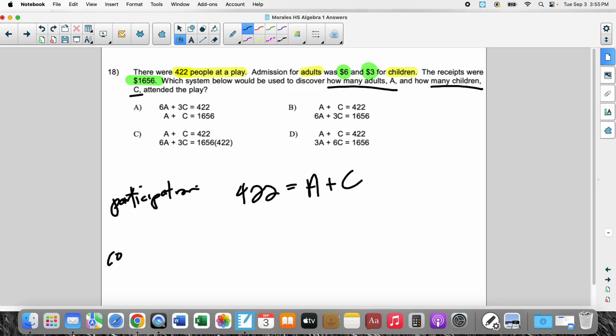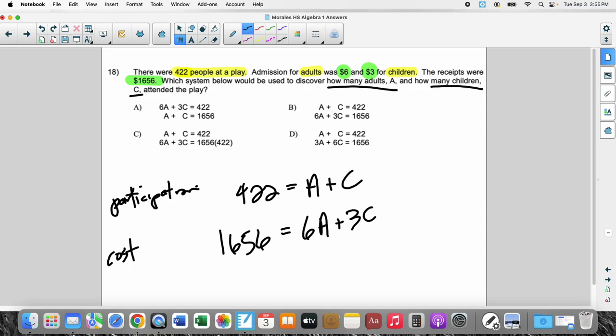And then cost is the other equation. So they were able to charge 1,656, and okay, how do we get that? Well, we know adults were $6 per adult, so we would take 6 and multiply it by the number of adults. And we know that it's $3 per kid, and we would take that cost and multiply it by the number of kids, would give us the total cost.